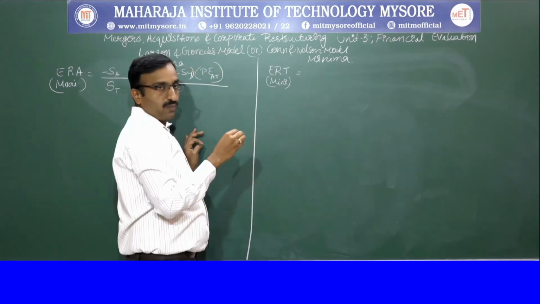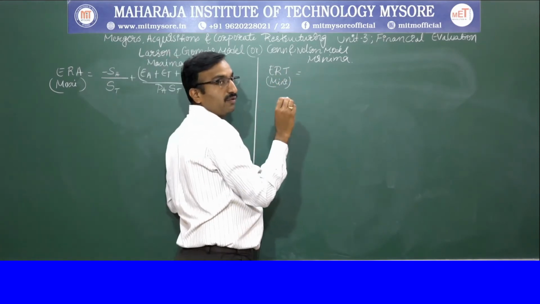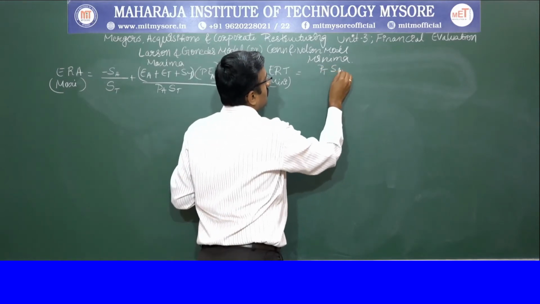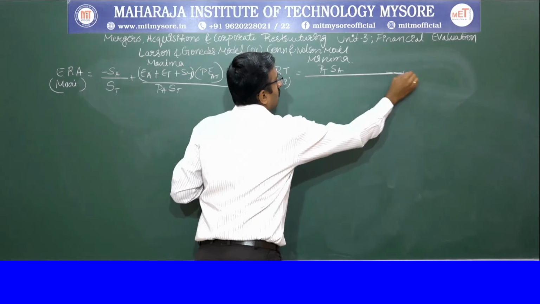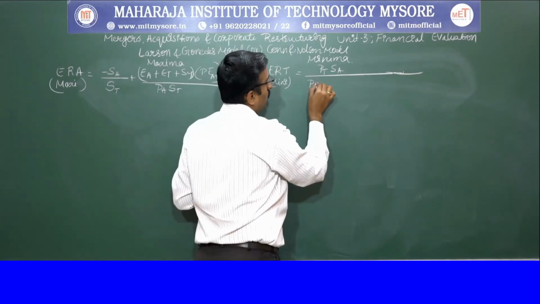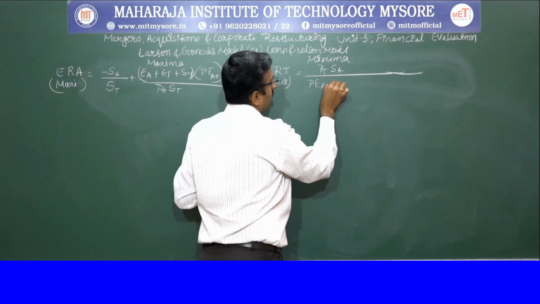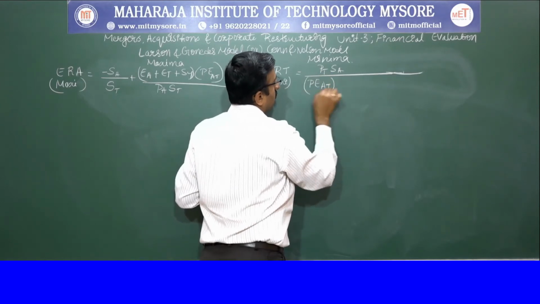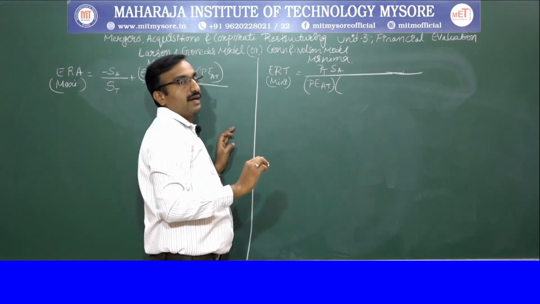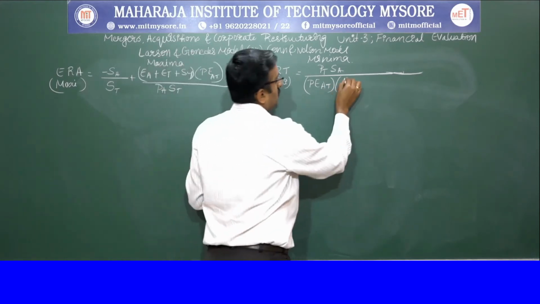So we apply the formula, that is P of T and S of A divided by, we consider P ratio of both the company, that is A and T, into earnings of A, earnings of another company and synergy.